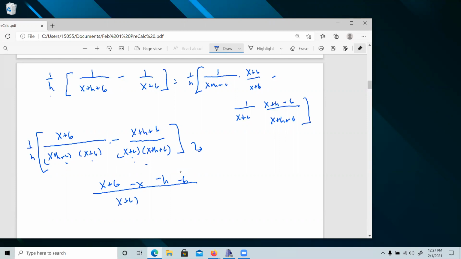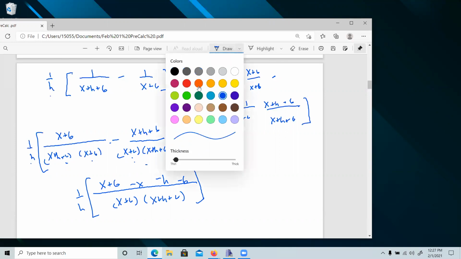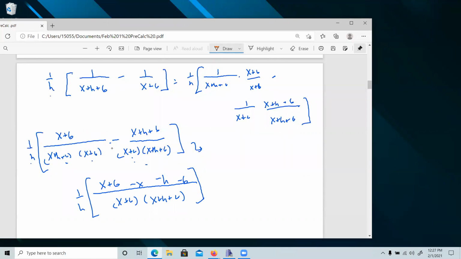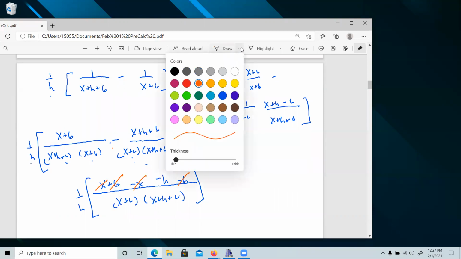We have x plus 6 times x plus h plus 6 on the bottom, and off to the side again, this 1 over h, just hanging out. So what happens? We've got an x and a negative x, and a 6 and a negative 6.